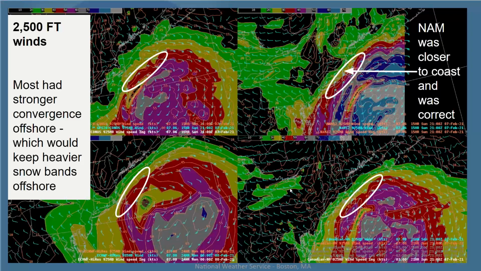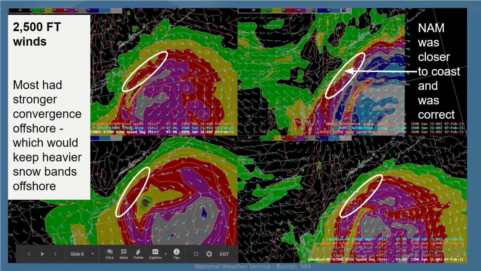And this is, again, looking at the wind fields. One thing to note is that a lot of the guidance had the strongest winds offshore, the European, the Canadian, but you'll notice the NAM was closer, and it was correct, and that was the forecast dilemma.